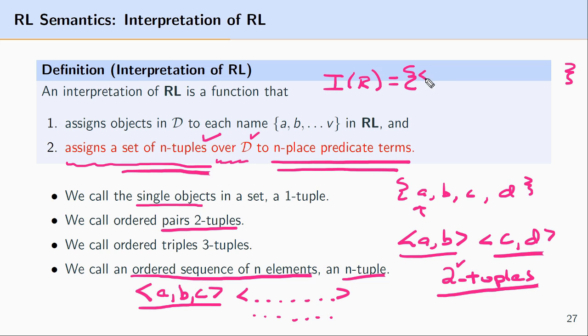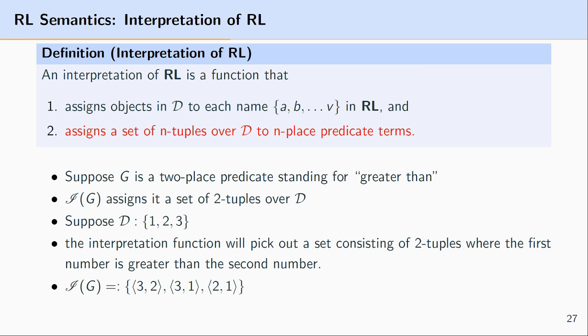And so we might see A, B, as well as, let's say, the ordered pair B, A, and onward and onward. But each of the items in the set, given that R is a two-place predicate, will be a two-tuple.